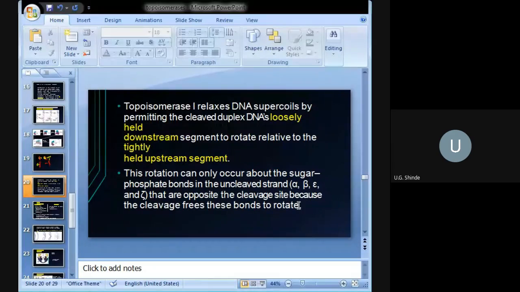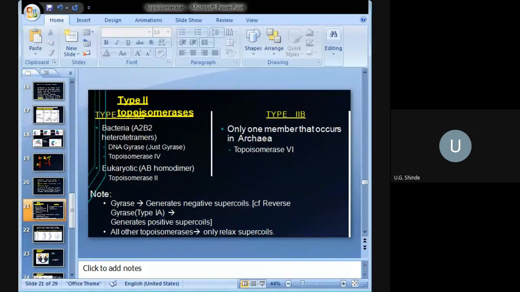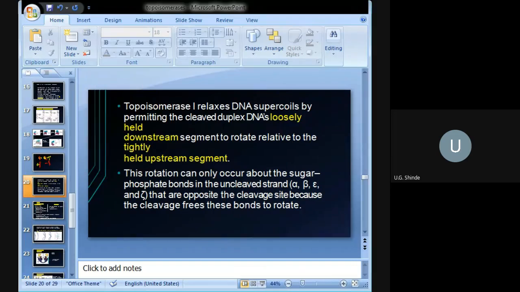So these bonds are going to rotate, and hence in the rotation mechanism they are all involved. So this is the end of topoisomerase 1.